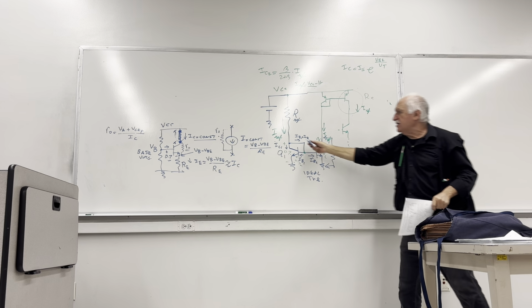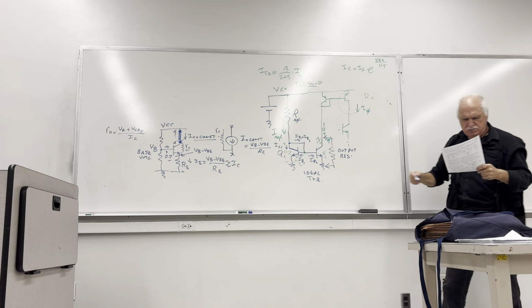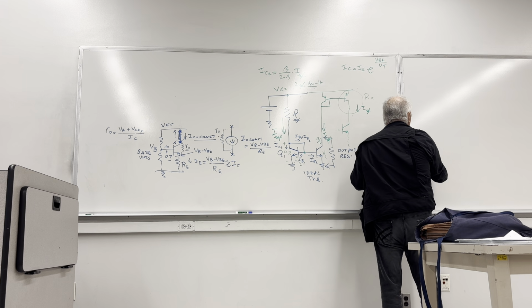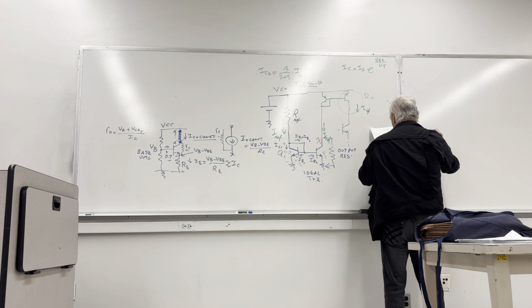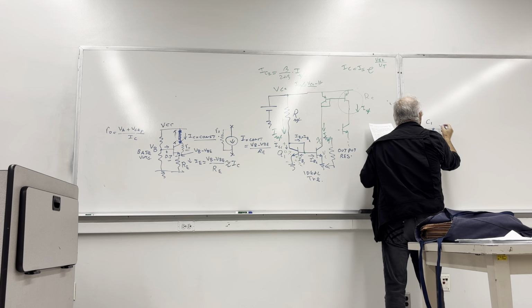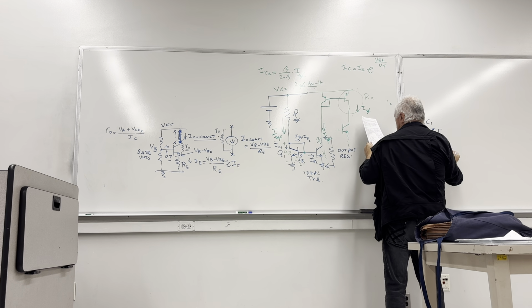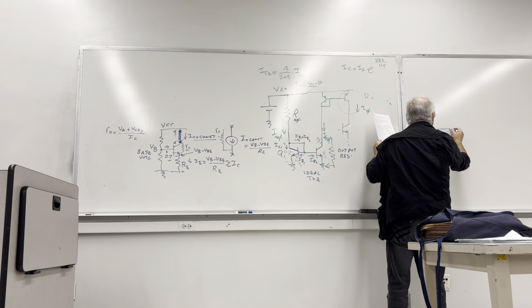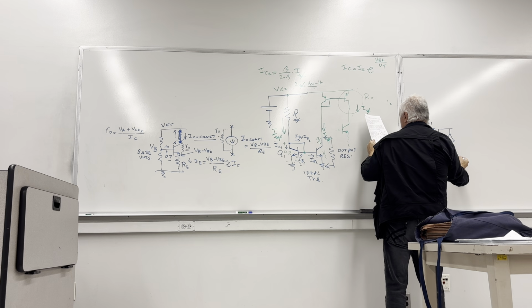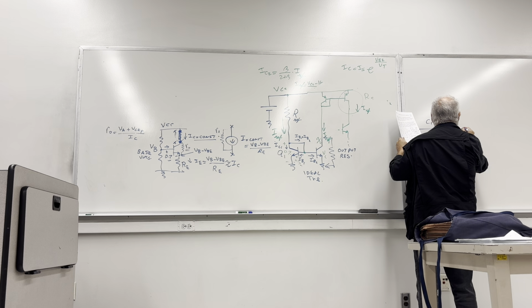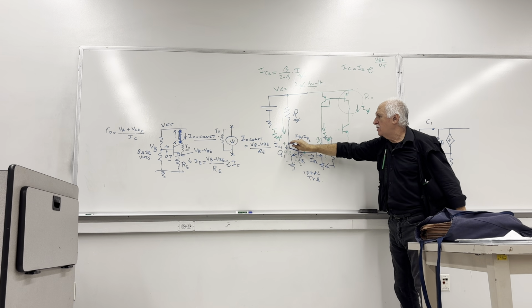Draw the small signal model of this and you will end up with IREF, then this will be the C1, and that will be the RO, the output resistance of transistor number 1, the current source, going to the ground.